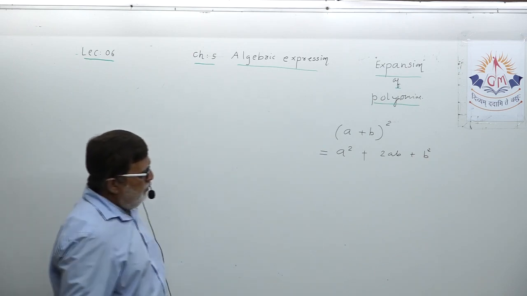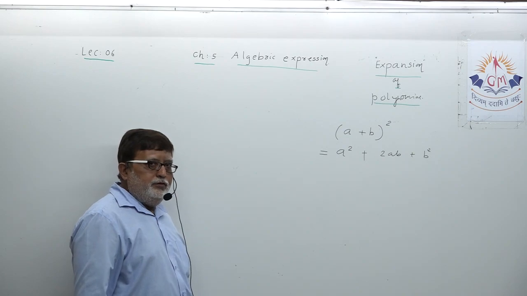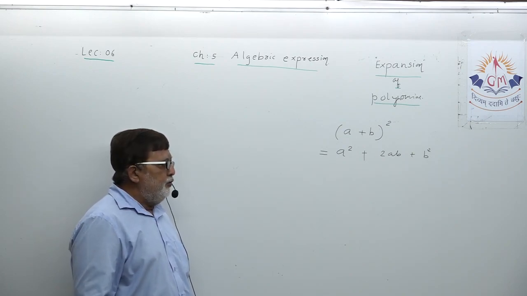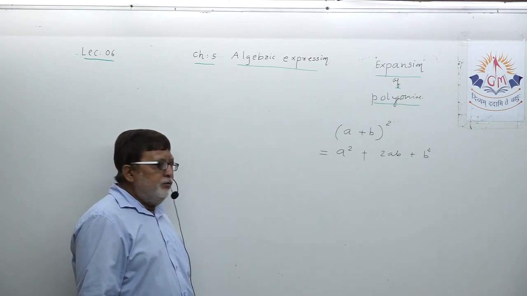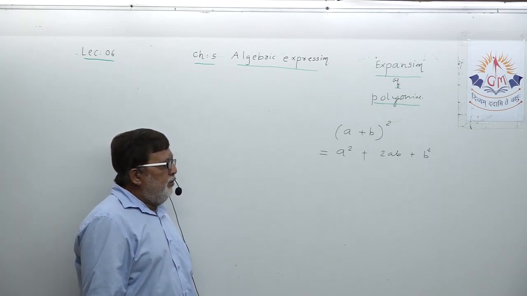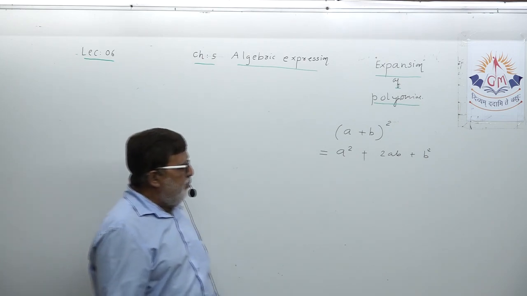Please mention this identity: a plus b whole square equals a square plus 2ab plus b square. This is the identity you need to remember.